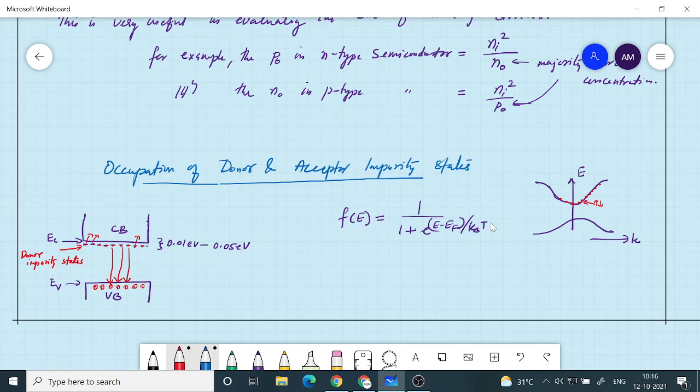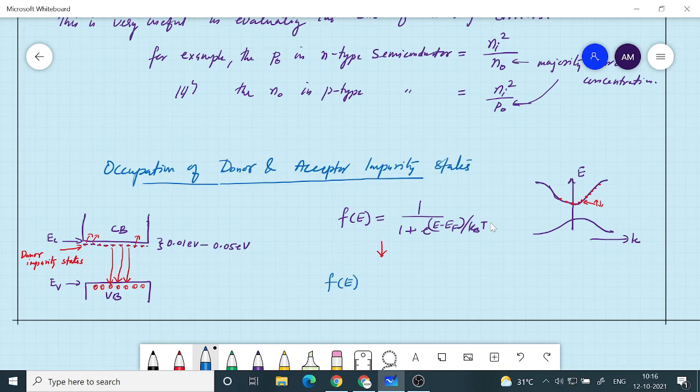You can't put a 6th electron there. So these are some differences. In order to take that difference into account, we need to modify this equation slightly, and that will give you a formula for the occupancy of the donor states.